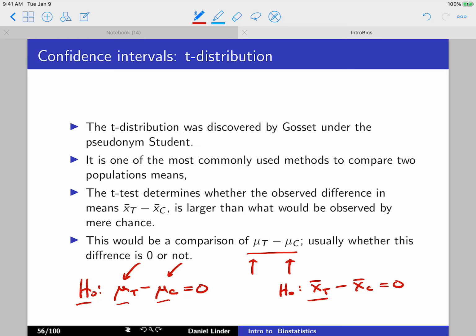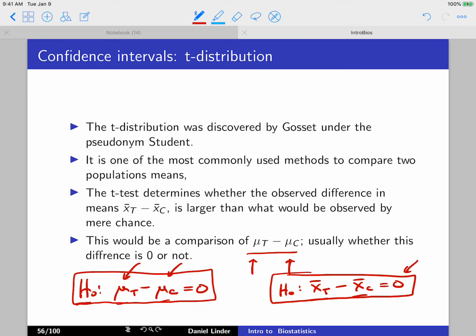So whether the difference in sample means is equal to a particular number or not, say 0. What we're interested in are statements about the underlying population, not statements about things that are going on in the sample. We want to use things that are going on in the sample to say things about the population. Okay?